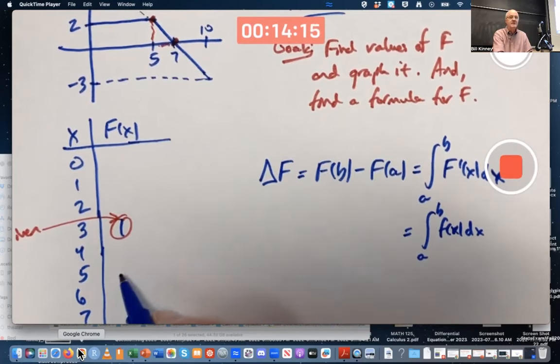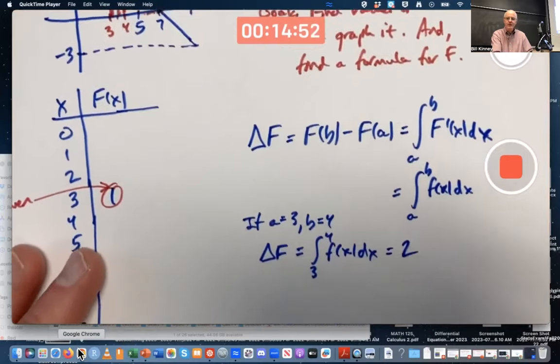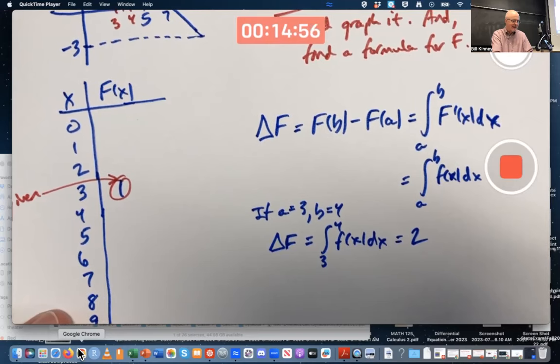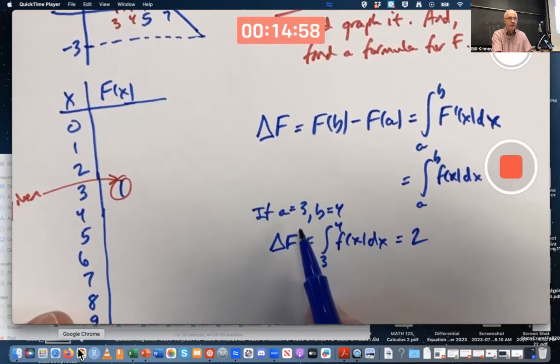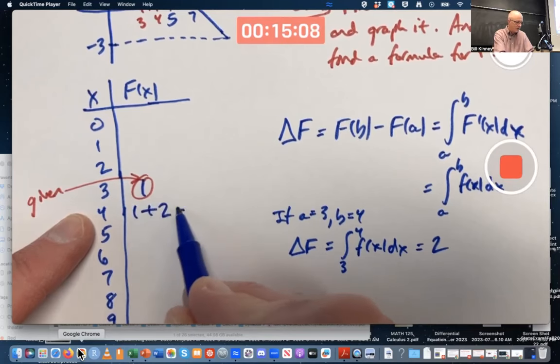Area of a rectangle. The rectangle has base 1, height 2. The integral is equal to 2. That's the change in capital F as x increases from A equals 3 to B equals 4, as x increases by 1 unit. Therefore, the value of capital F at 4 is not 2, but 1 plus 2, which is 3.